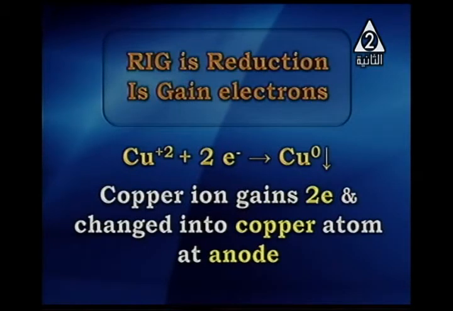This one is the second half of the equation. So we have 2 halves of the equation. This is one of them, and the last one is Zn changing into 2 electrons and Zn positive 2. We will illustrate this after a period of time in the form of electrochemistry. So this is the basics of electrochemistry to understand it.